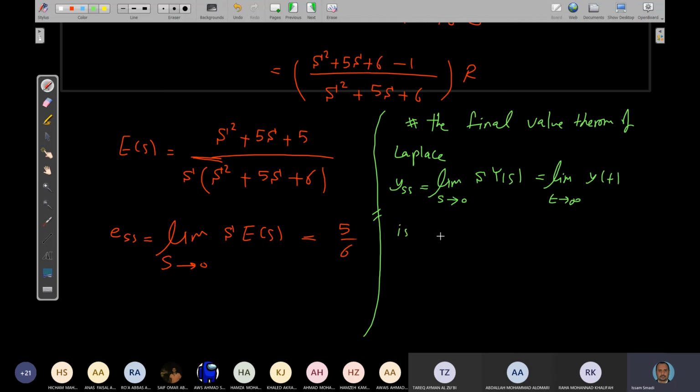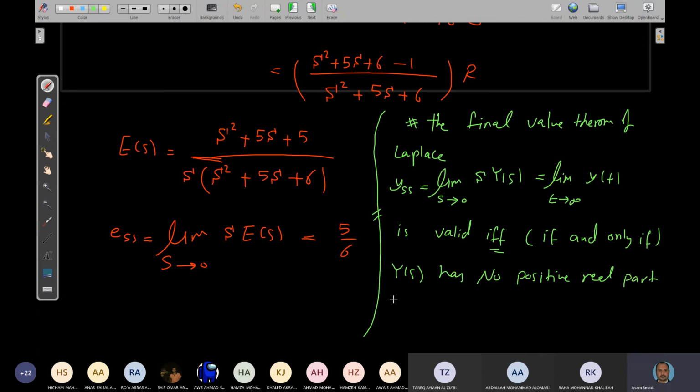It is valid if and only if y of s has no positive real part roots nor repeated roots at the origin.